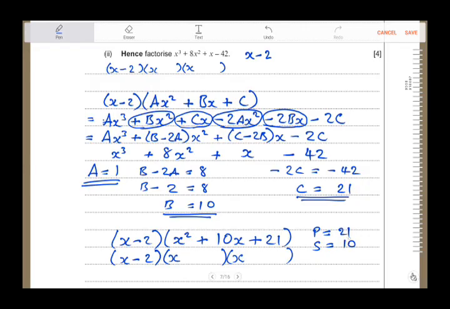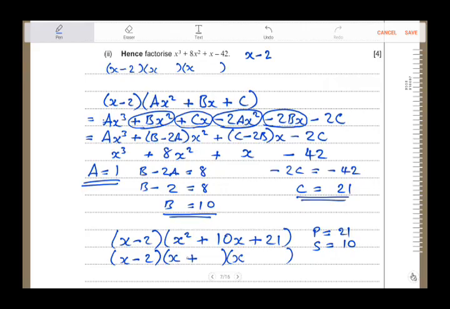So what two numbers do I need to put in here, multiply to equal 21, add up to equal 10? Well, let's go through the factors of 21. We've got 1 times 21. No, I can't make 10 with those. 2 times something. No. 3 times 7 is 21. Oh yeah, I can make a 10 with 3 and 7.